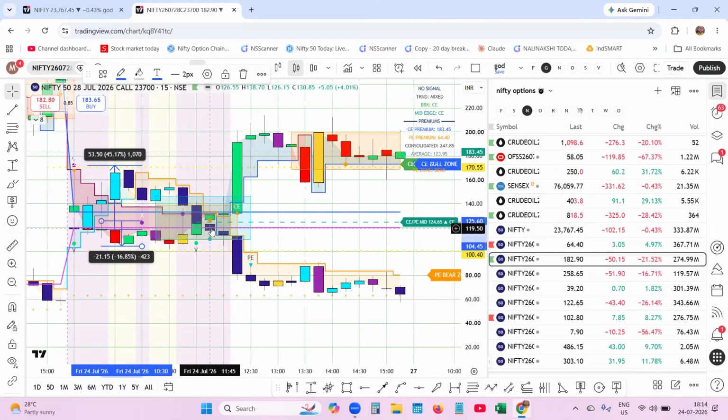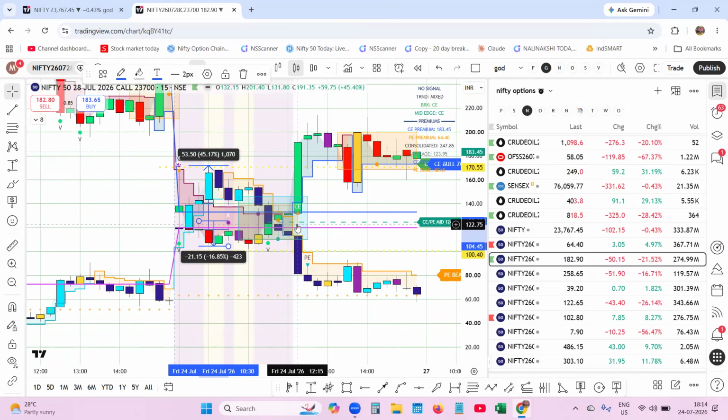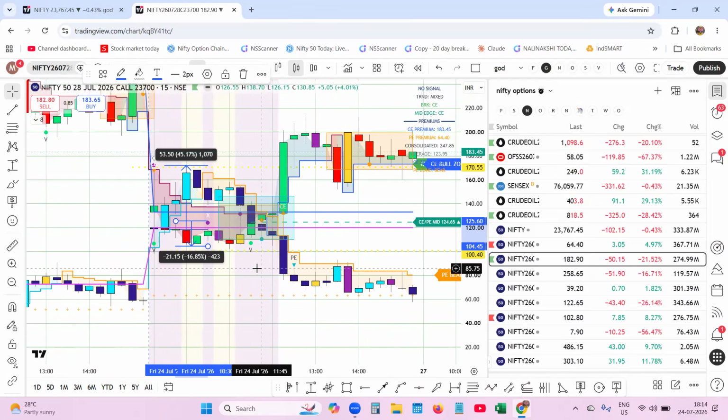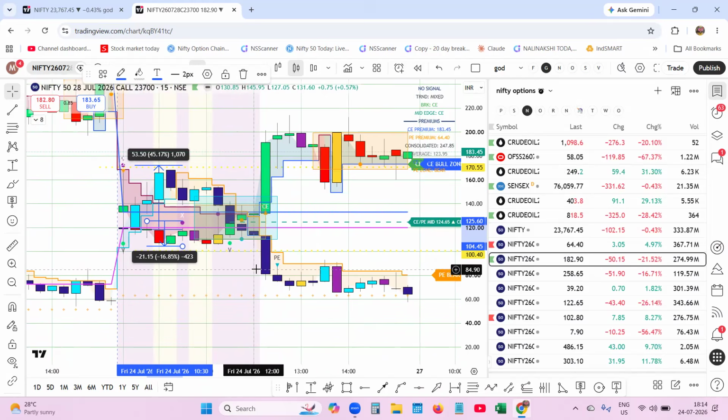Both are also converging. Then price starts moving up, then it is history. Even this premium from 124 rallied to 211. This is an opportunity, friends. Every day you can see this.